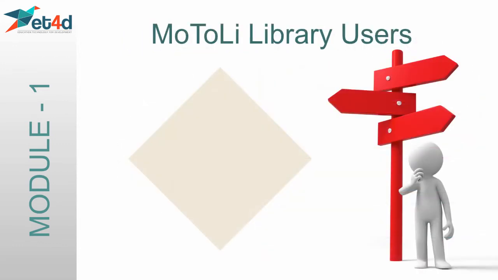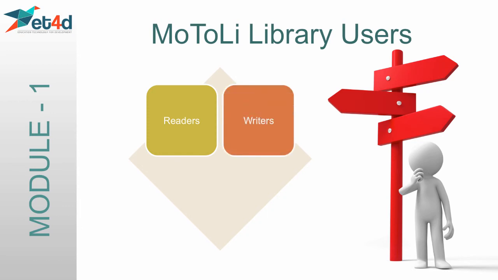MoToLi Library is designed for different types of users, and therefore we have designed a guide for each one of the user types. However, we recommend that you watch the levels preceding the type of responsibility you want to reach. The 4 training modules are: 1. A guide for children, teachers, and parents who want to read books. 2.